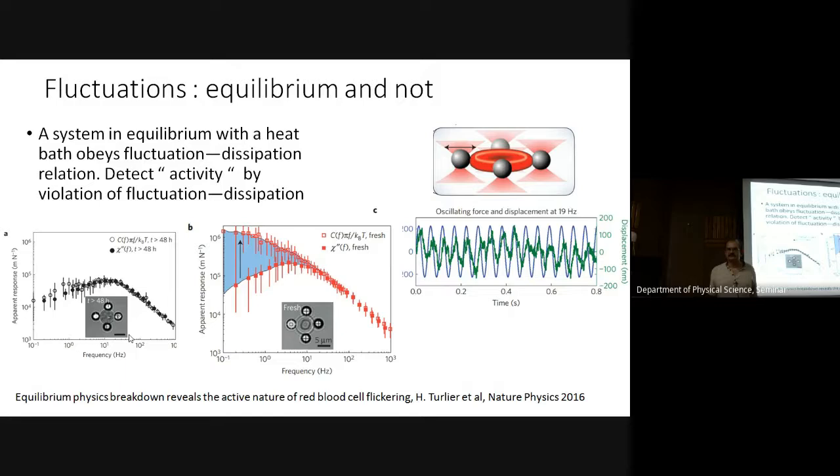Normally, if I see that a system is in equilibrium at a certain time scale, that would imply the process of communication between that system and its bath, whatever is forcing it, is occurring at a time scale which is lower or comparable to that frequency.